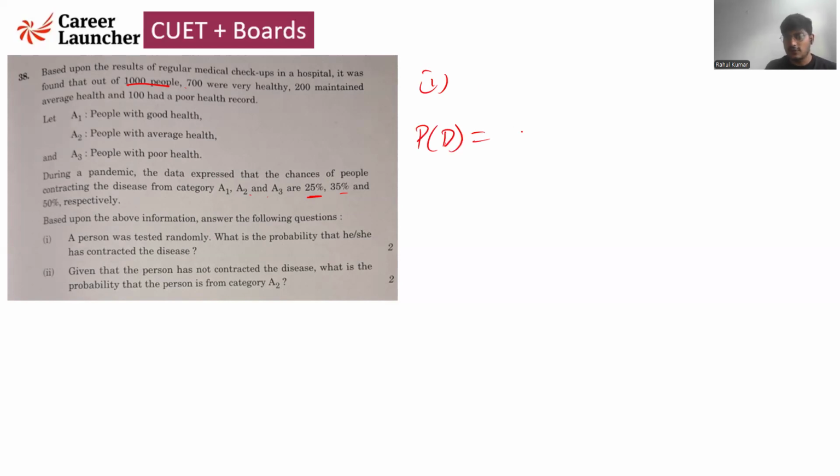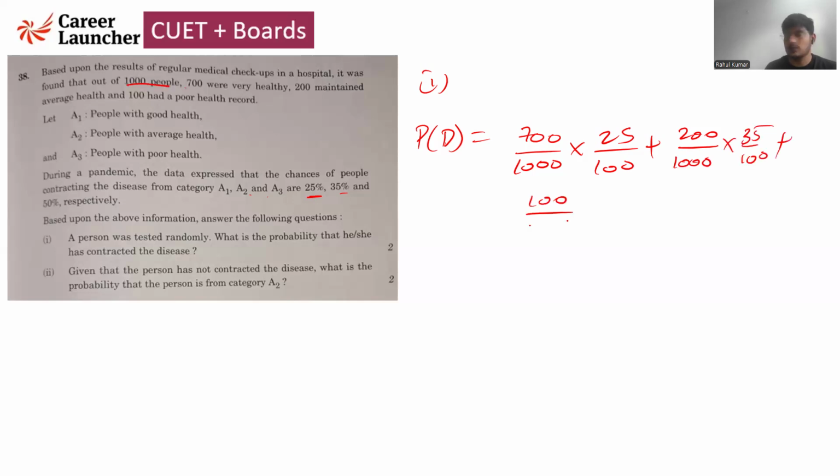First, is the person from A1? If it is from A1, what is the probability? Then what is the probability that it is from A2? If it is from A2, then it is 200 out of 1000, and the probability that they will get sick is 35 by 100. And the last one is 100 divided by 1000 multiplied by 50%.